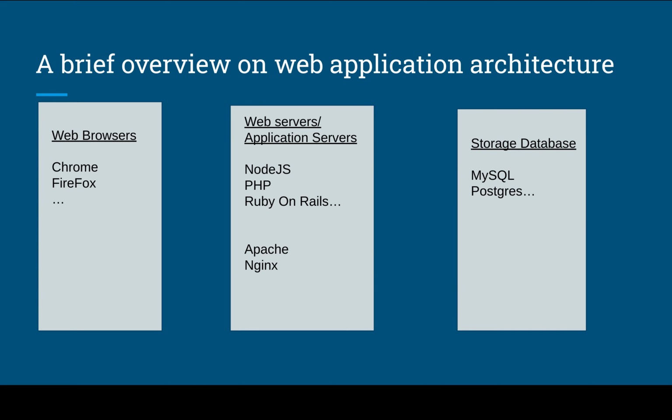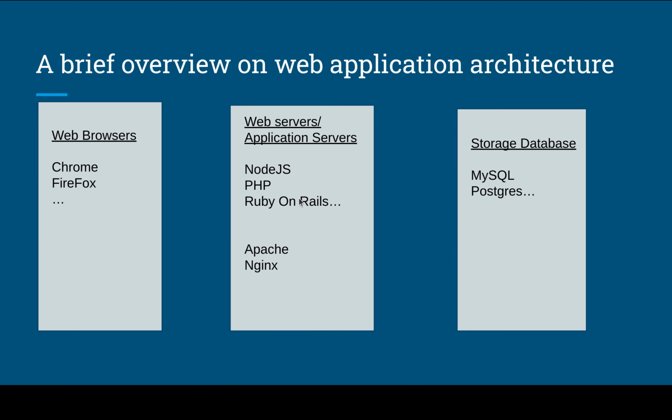There is normally a communication channel from the browser to the backend, and sometimes that communication happens over HTTP, which is hypertext transfer protocol. Although there are also some other protocols that we can use to communicate with the backend, for the most part HTTP is the most common one.